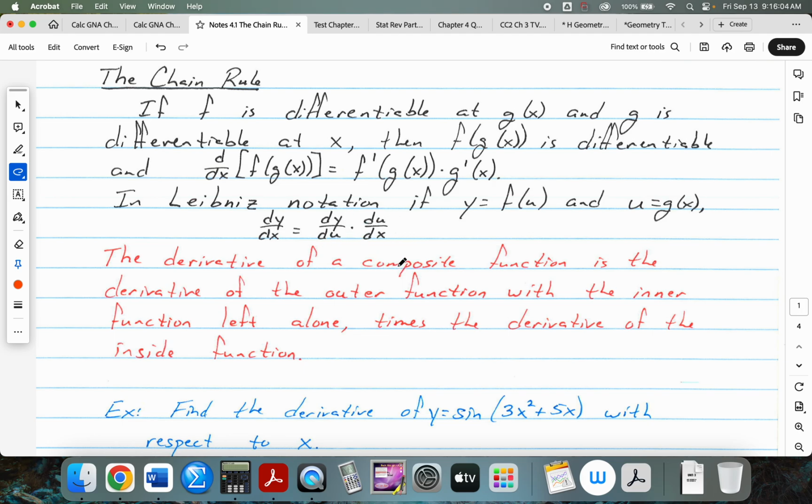Now that's not actually what's happening, but we're taking the derivative of y with respect to u times the derivative of u with respect to x. So in words, the derivative of a composite function is the derivative of the outer function with the inner function left alone times the derivative of the inside function.